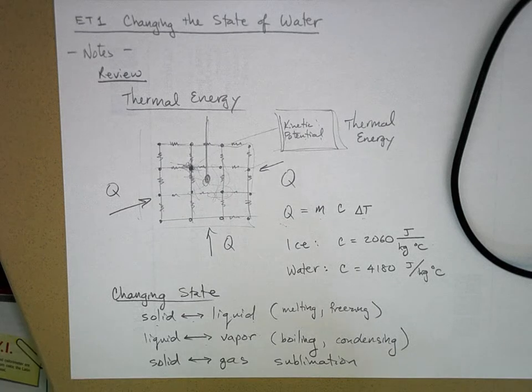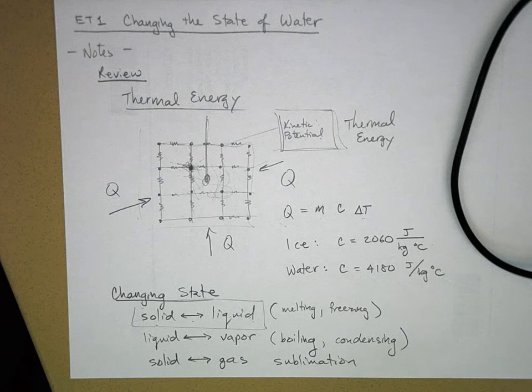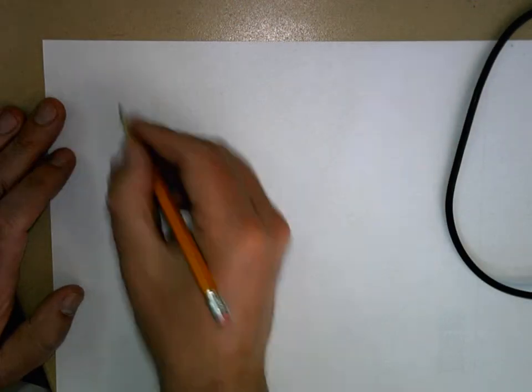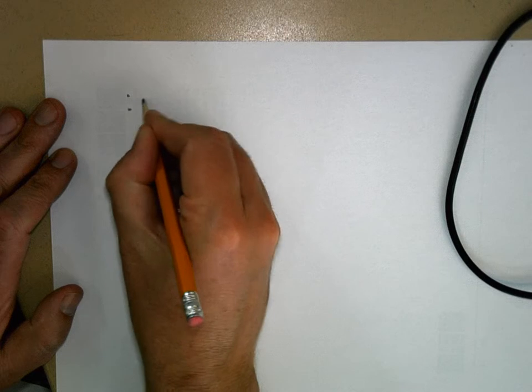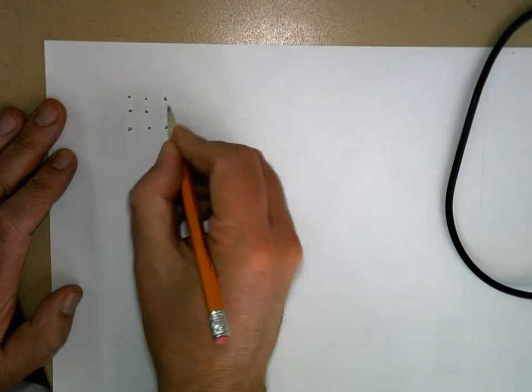So let's talk about this change from a solid to a liquid. What's going on? If you had a magical microscope and you could look at a little tiny water or ice crystal, and again, it doesn't have this particular form, but this is just easier to draw.